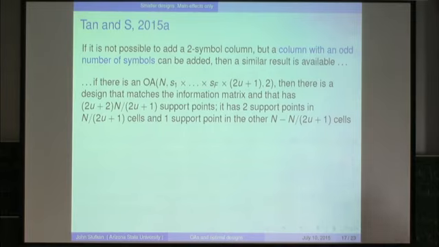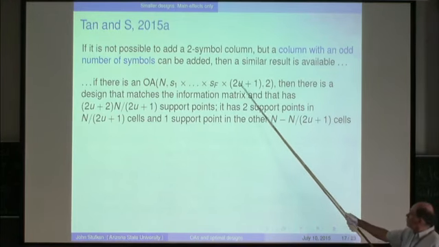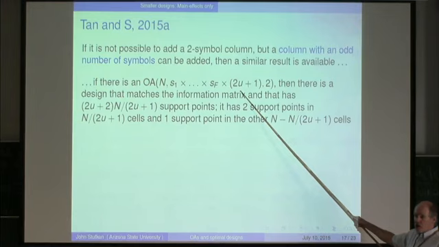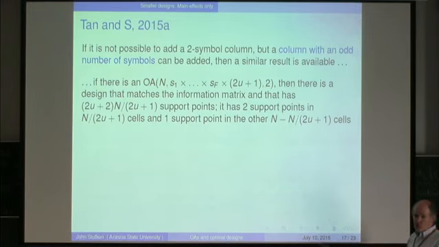And what I would do is that for u of the symbols in this column, I'm going to use a C star. For u of the symbols, I'm going to use a minus C star. That takes care of 2u of the symbols. And for the last symbol, I use both a C star and a minus C star.